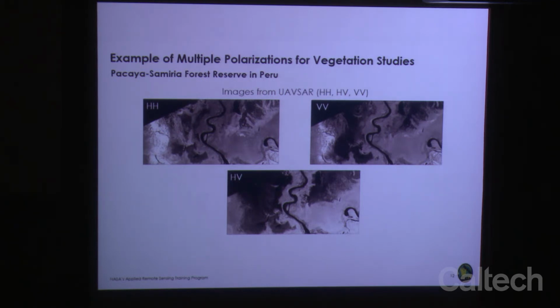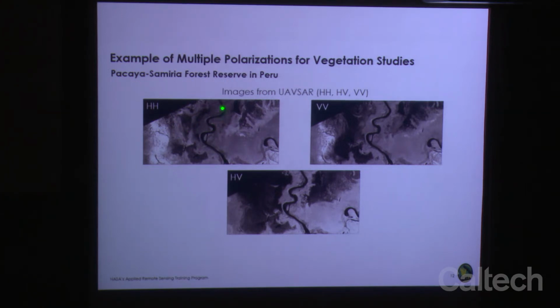We acquired some data there over the Pacaya Samiria Forest Reserve in Peru a few years ago, and we're looking at 3 different polarizations, HH, VV, and then cross-pol, where we transmit horizontal and receive vertical.